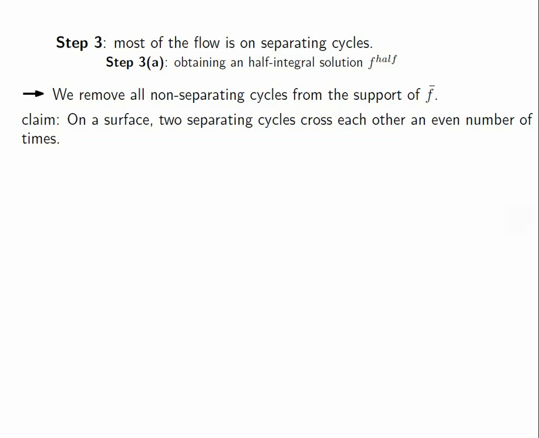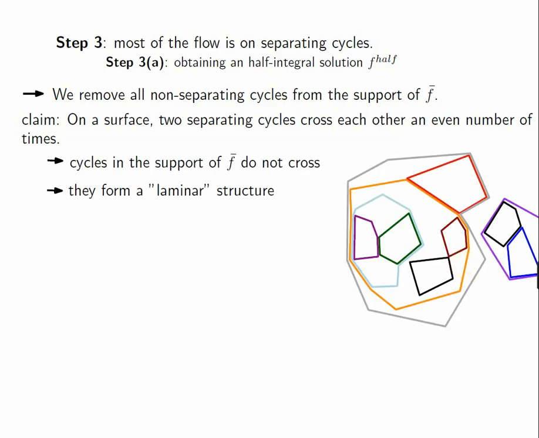Then we combine the fact that on a surface, two separating cycles must cross an even number of times with our property that cycles cross at most once to attest that no pair of cycles cross. This implies that such cycles have a laminar structure.